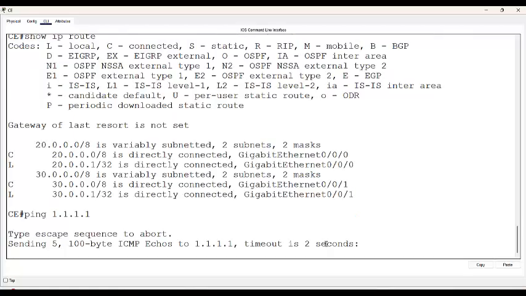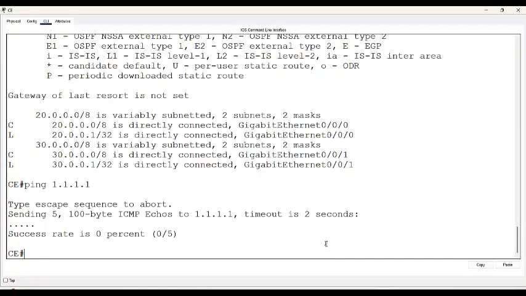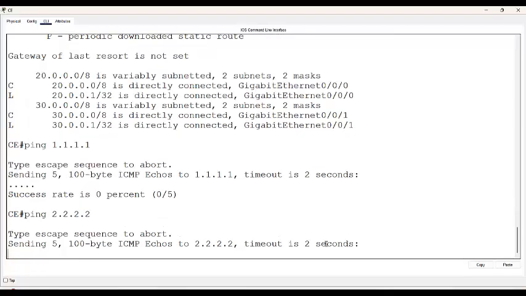The ping will not happen because the router does not know. This dot, no, it means failed. See, success rate is 0%. Again, I'm going to ping 2.2.2.2. This also will fail because there is no route in the routing table.